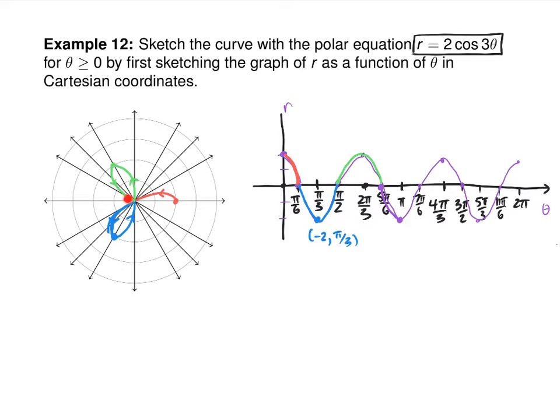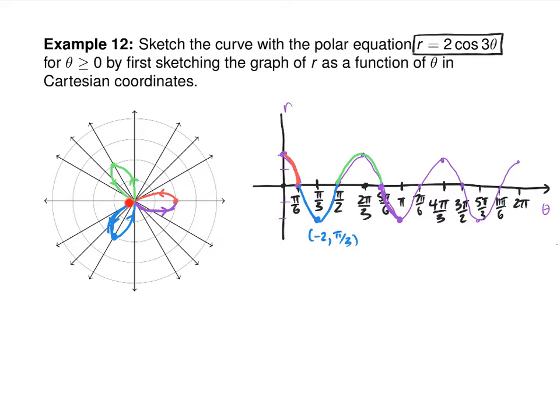Do you see how these points are going to reflect and make those? And you're like, but I have so much more curve left. And yeah, the rest of the curve is going to trace it over again. So this part, pi to 7 pi over 6, will trace this part.